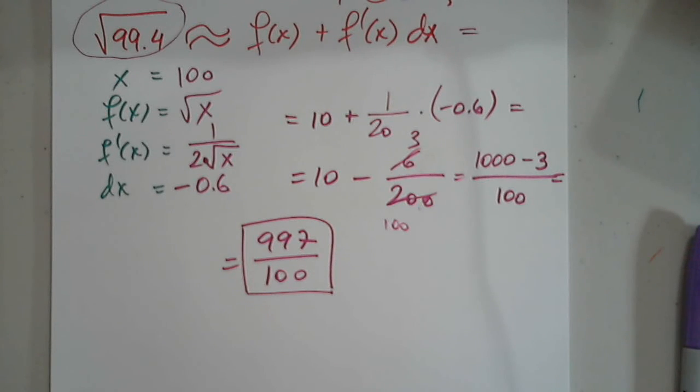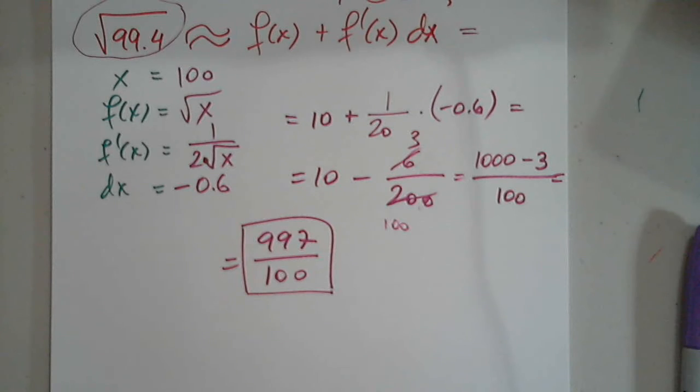So we are comparing the square root of 99.4, and 997 over 100, which I know is 9.97. I don't have to approximate that, but let's see it. 997 divided by 100.